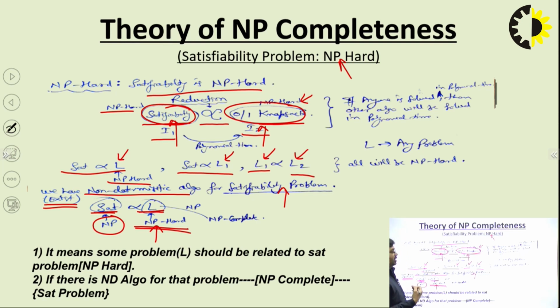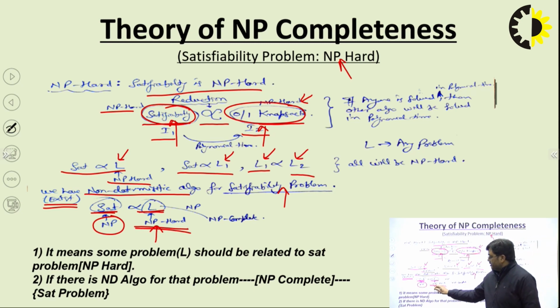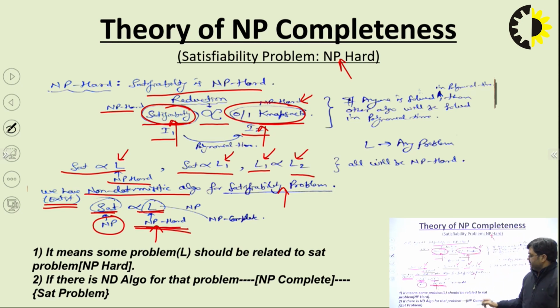So we are discovering the new class from NP to NP hard. If some problem can be converted to another problem, then we can say it is NP hard.